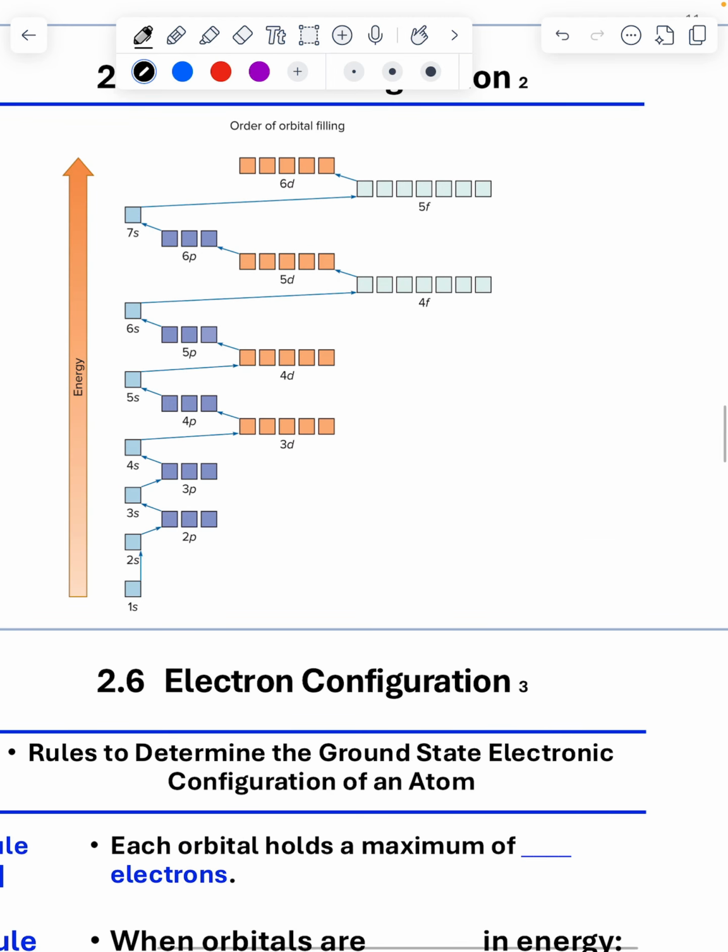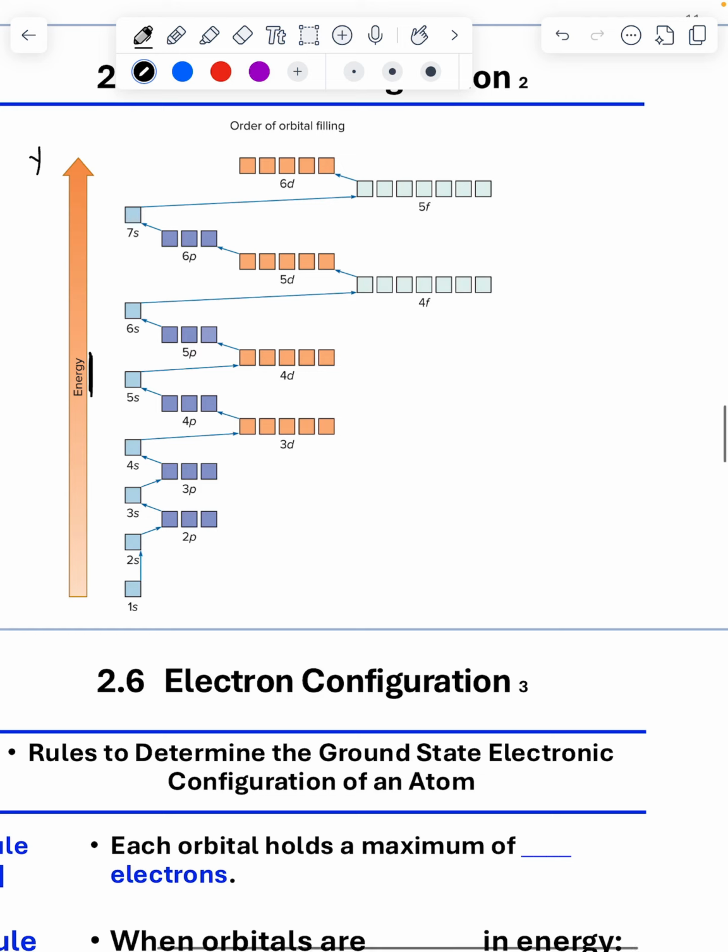The y-axis here is in terms of energy. So as we go up this graph from 1s all the way to 7s, the energy is increasing. If you follow these little blue arrows, it's showing you the order in which the electrons will fill the different orbitals. Just like Rule 1 said, we'll always start with 1s first.